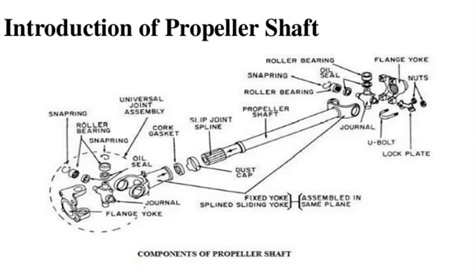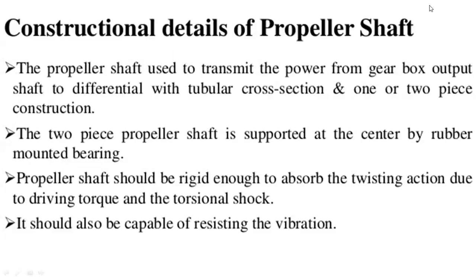In that journal, we have connected roller bearings, snap rings, oil seals, and the journal with a flange yoke. And on the other side, the propeller shaft is connected through U-bolts, lock plates, nuts, flange yoke, and roller bearings. These are the different components constructed in a propeller shaft.